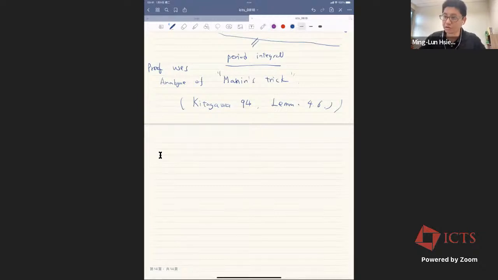Okay, and then for the second part, we have to use the Ichino-Ikeda conjecture.